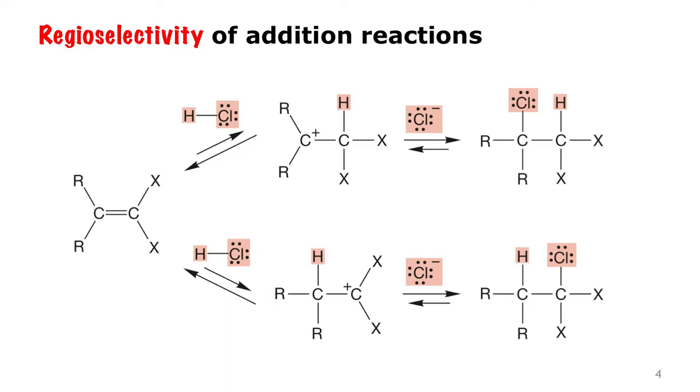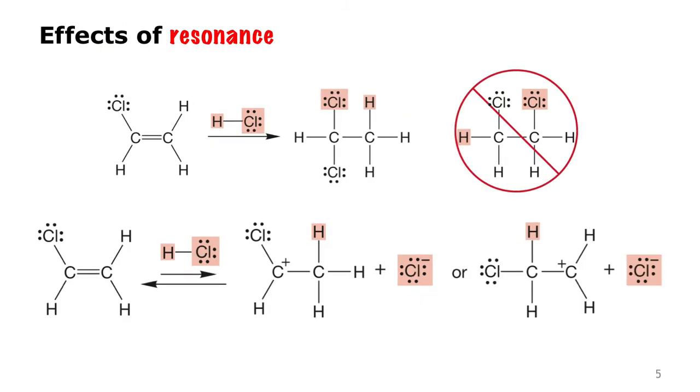So we're going to look at a couple examples of what can control that regioselectivity and the stability of the intermediate carbocation. The first one is this, where we have vinyl chloride. So we have an unsymmetrical alkene, and in this case, we don't have primary or secondary or tertiary carbons. We have primary carbons. One of those has hydrogens attached, the other one has chlorines attached.